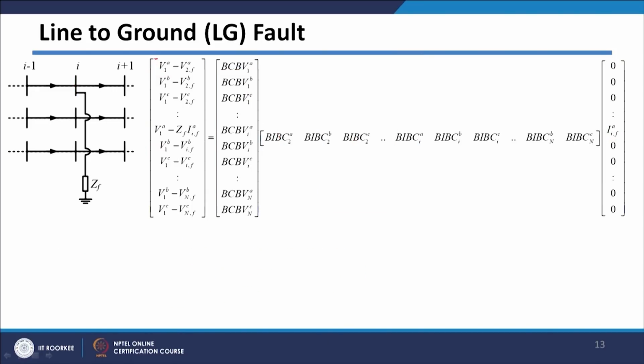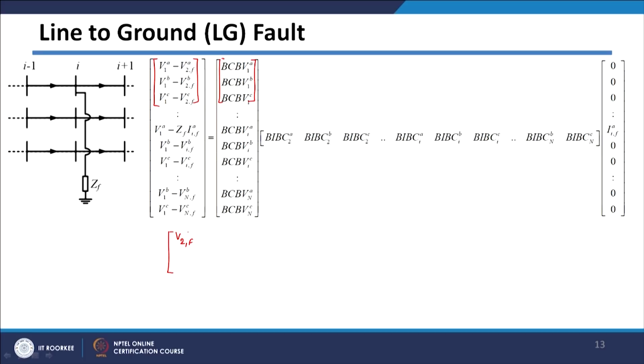We can also write this equation in terms of all the 3 phase quantities. So, if you are taking all the 3 phase quantities together, say you want to calculate all the 3 phase voltages of this particular bus, I can just write it like this. So, similar to the earlier slide, I can just directly write it.